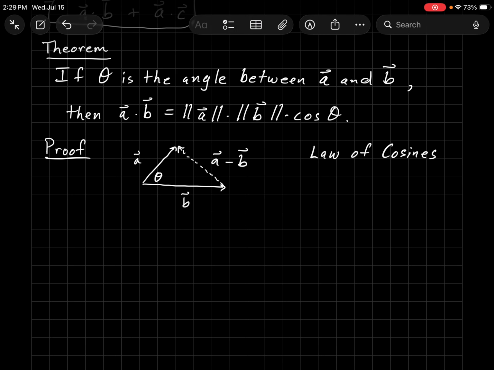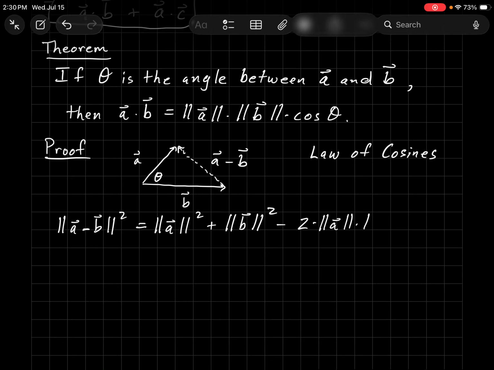The length of A minus B squared, so the magnitude of A minus B squared, equals the magnitude of A squared plus the magnitude of B squared minus 2 times the magnitude of A times the magnitude of B times the cosine of the angle between them.